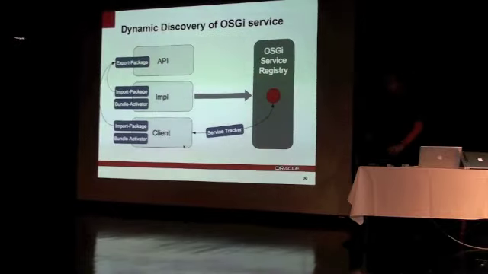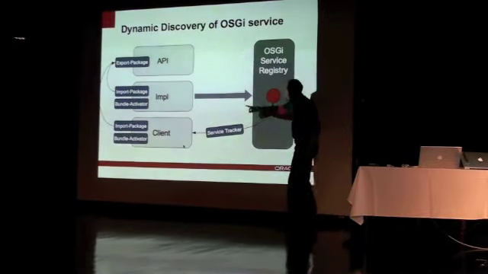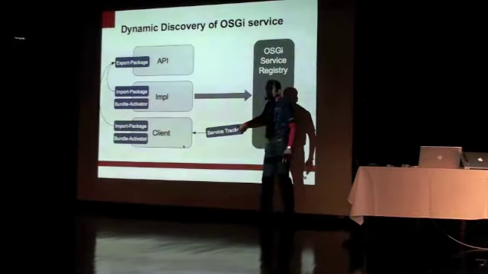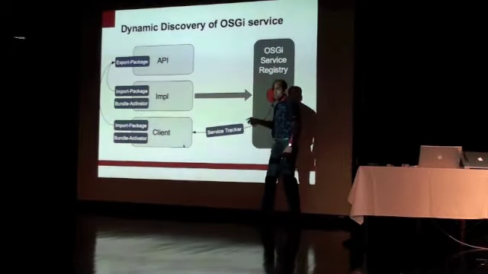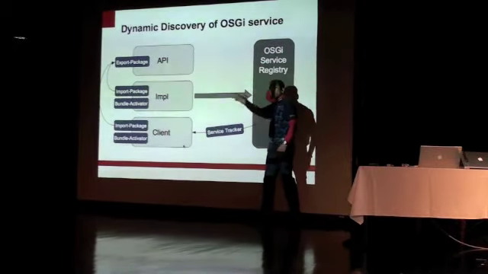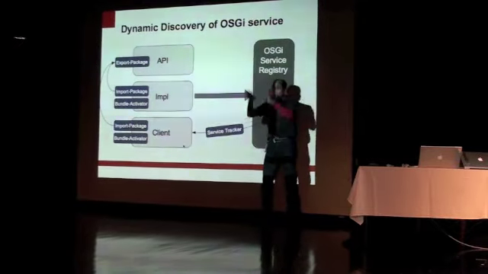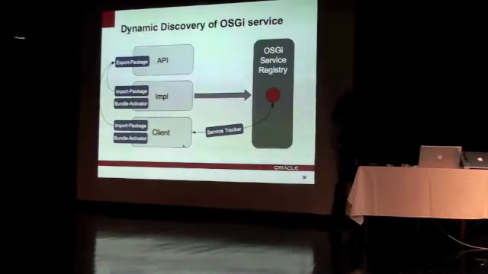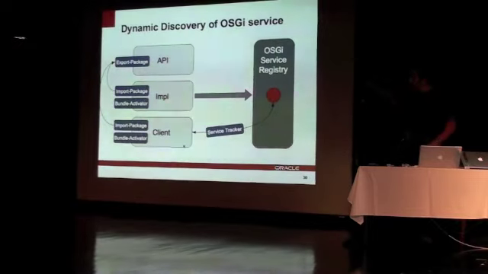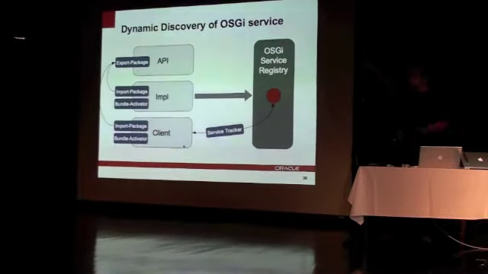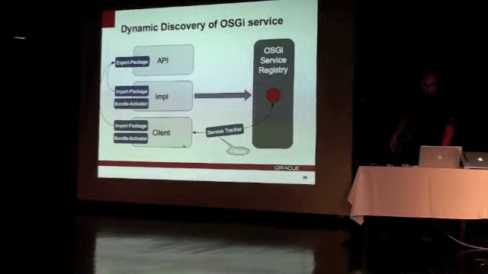And then in the client, I have a service tracker that allows me to dynamically track the status of my service. As I said, each bundle throws events. So it uses those events to tell my client, oh, the service is up or down, and then behave accordingly. So that's a typical design pattern: API, impl, client. Impl keeps updating multiple times. You don't want to change your API. It always costs to change your API.